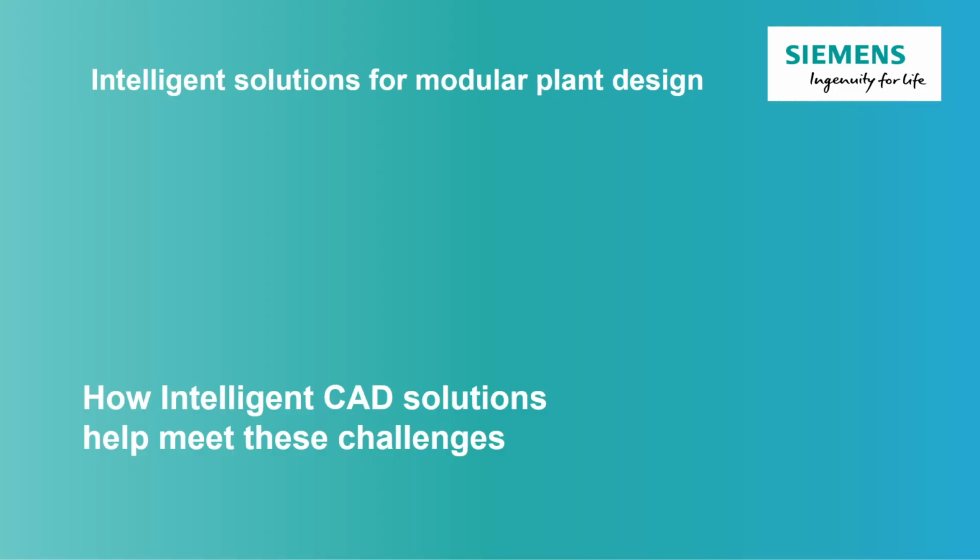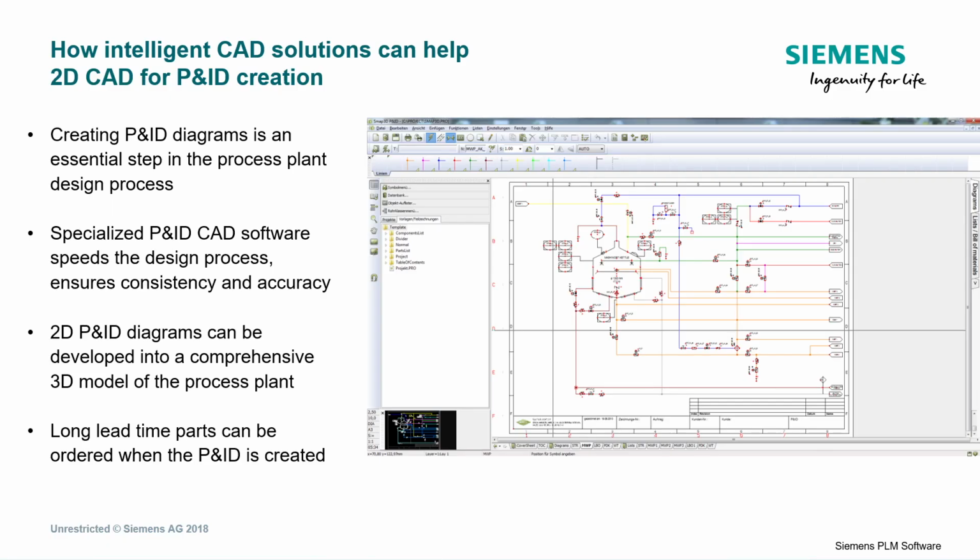Well, for modular plant design, how can intelligent CAD solutions help to meet these challenges? Well, the 2D CAD P&ID design diagram is an essential step for the design of any process plant. And if we can use that diagram to also design the 3D mechanical process plant model, that would be a great feature.